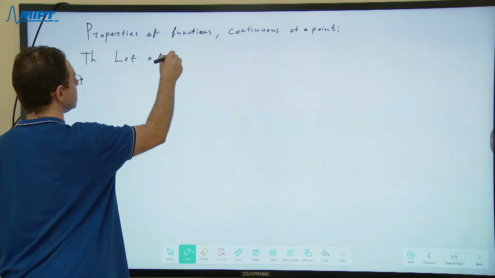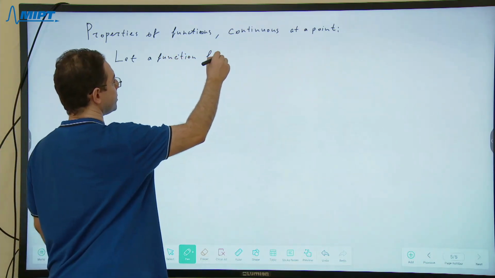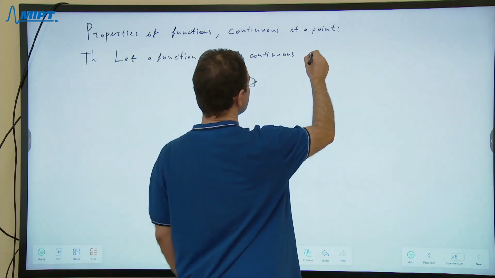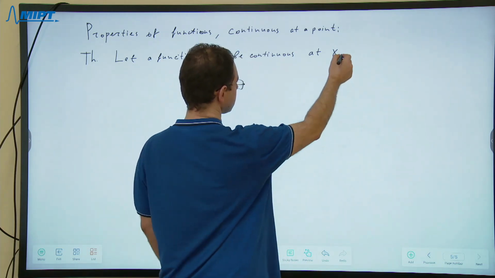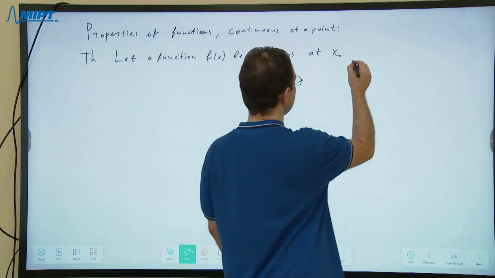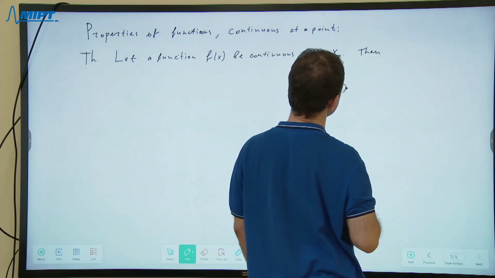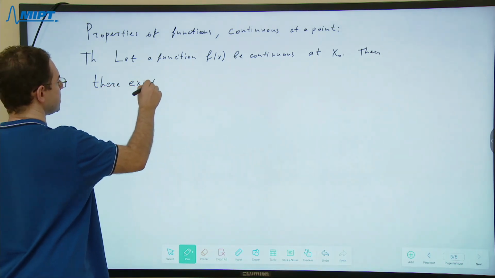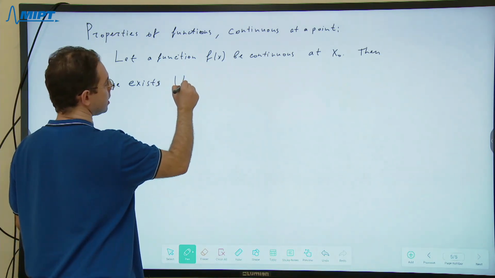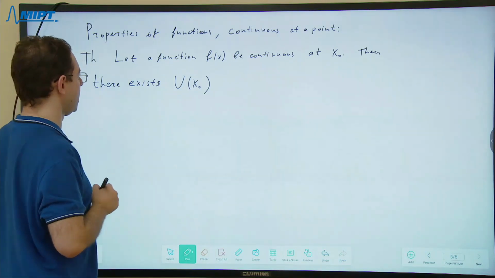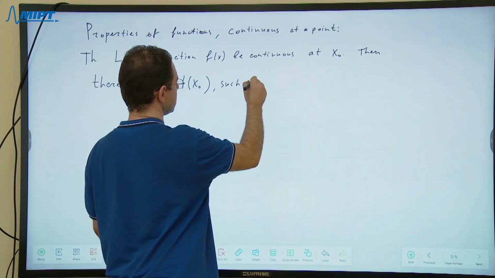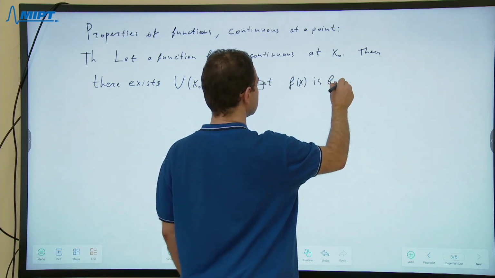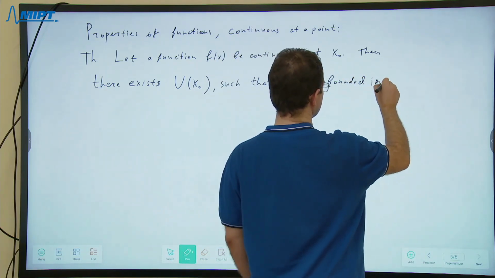Let a function f of x be continuous at a point x0, then there exists a neighborhood of x0 such that my function is bounded in this neighborhood.